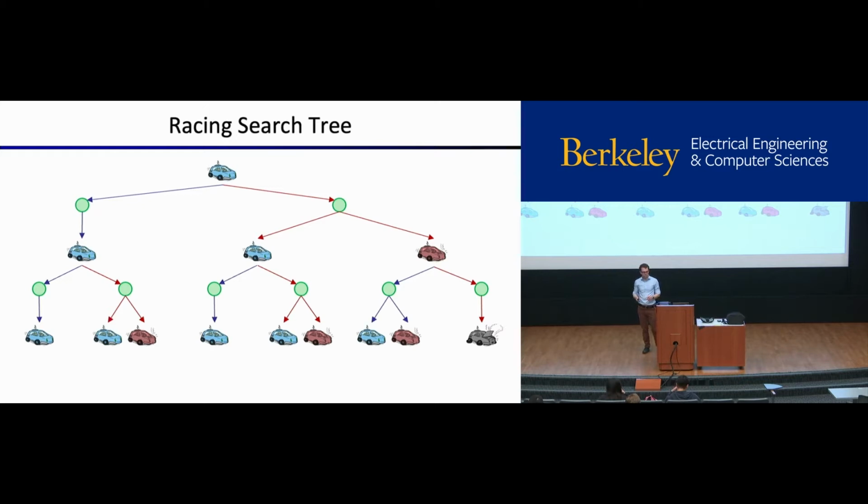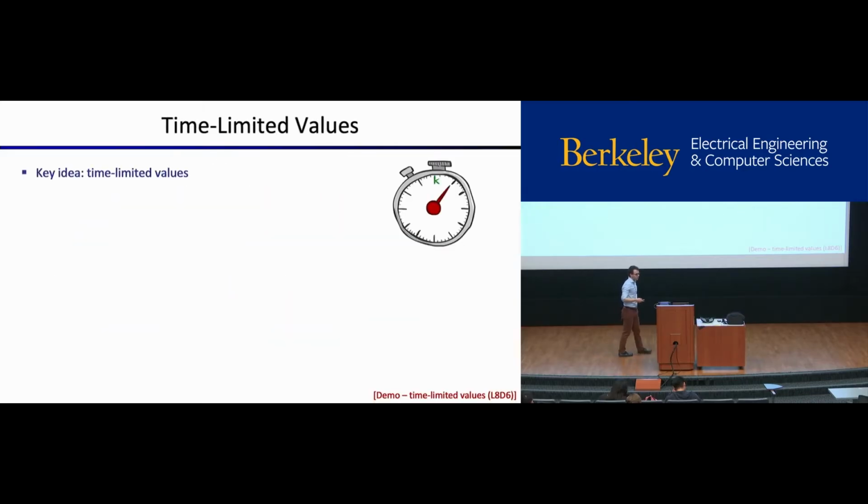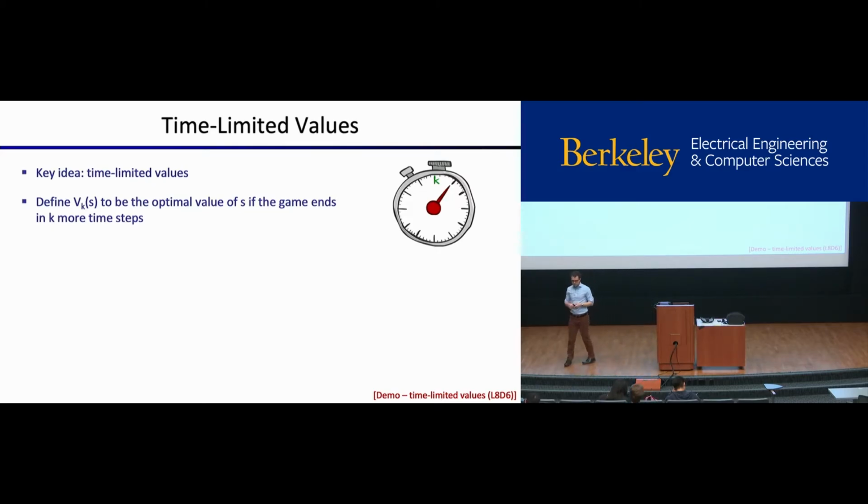So the way that we're going to compute is we're going to think about depth-limited search trees, the same way that we would do in games if we had too big of a search tree. We'll say, given a depth-limited search tree, what would be the value? This is essentially saying that I have time-limited value functions. Let me define vk of s to be the value of acting optimally for k steps and then ending the episode.